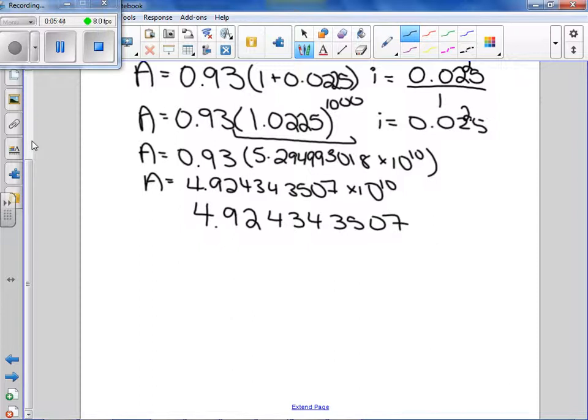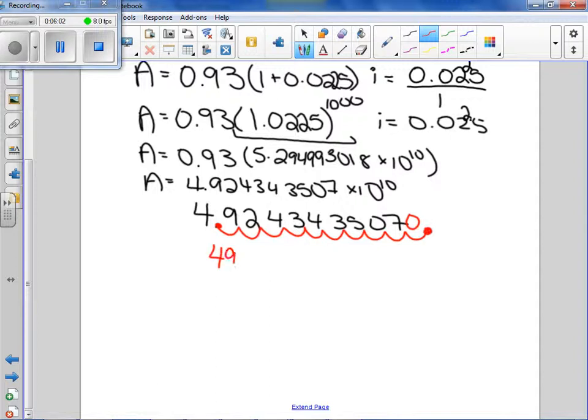The times 10 to the 10 means that I have to move it 10 places to the right because it's positive for my decimal. So 1, 2, 3, 4, 5, 6, 7, 8, 9, 10. That's where my new decimal would be. And there's one gap, so I have to put 0 in there.